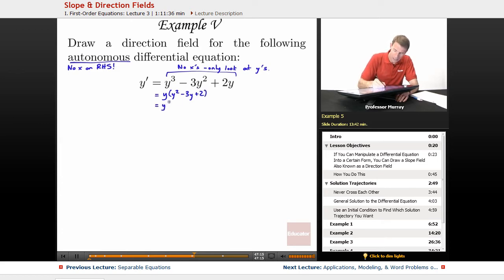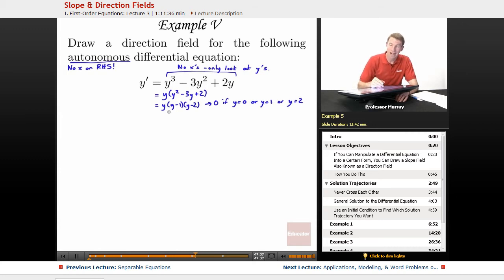And that's y times, that would factor into y minus 1 times y minus 2. And the key point about that is that that would be 0 if y is equal to 0, or y is equal to 1, or y is equal to 2.